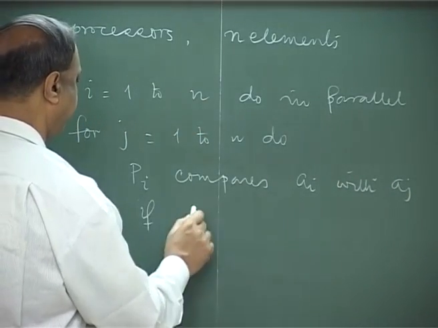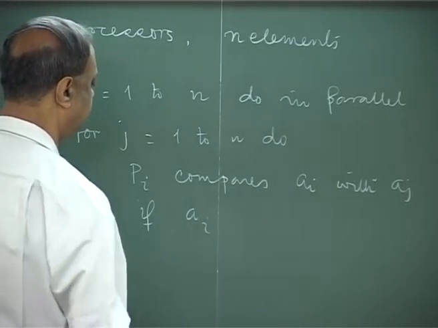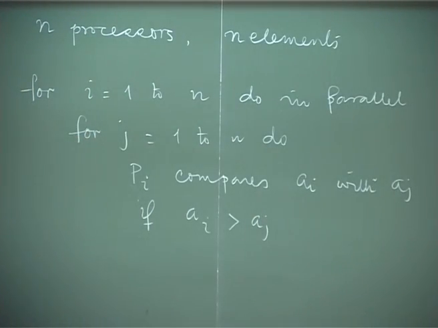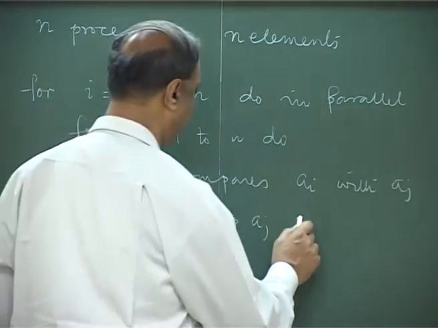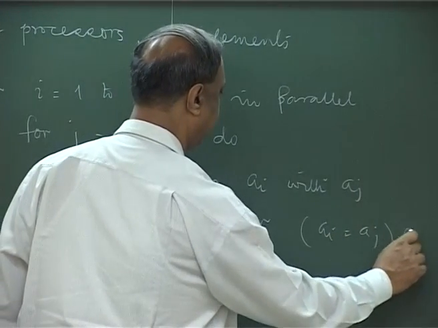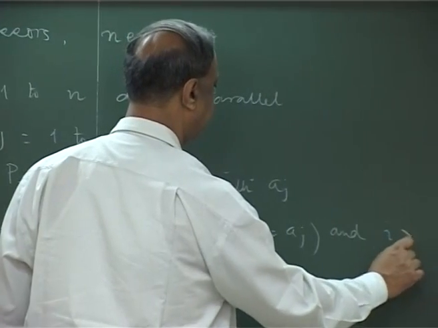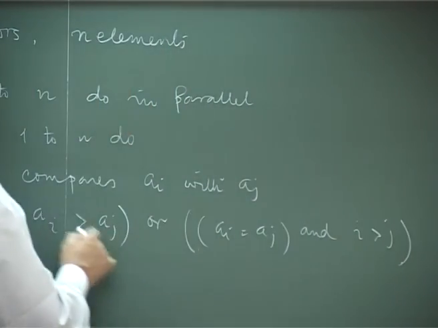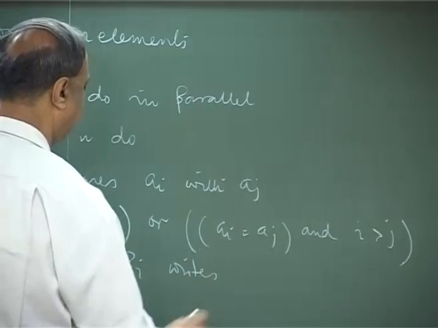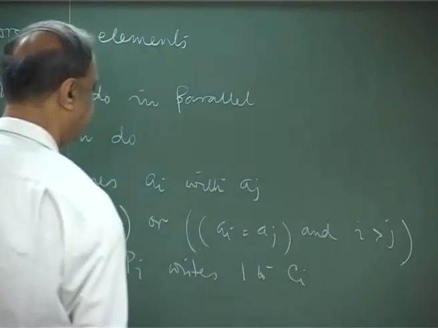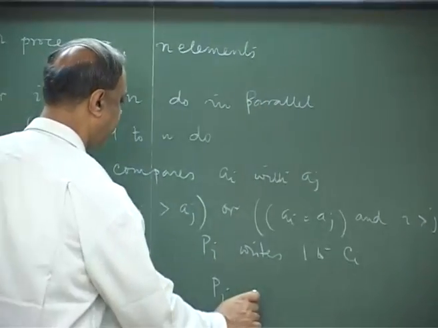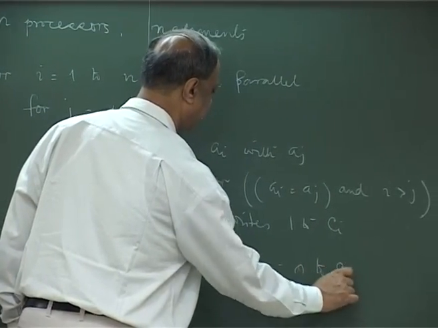If Ai is greater than Aj, or Ai equals Aj and i is greater than j, Pi writes 1 to Ci, where Ci is the counter, else Pi writes 0 to Ci.